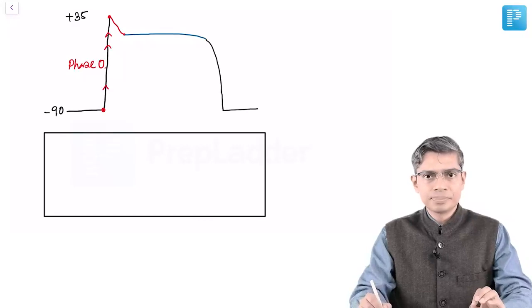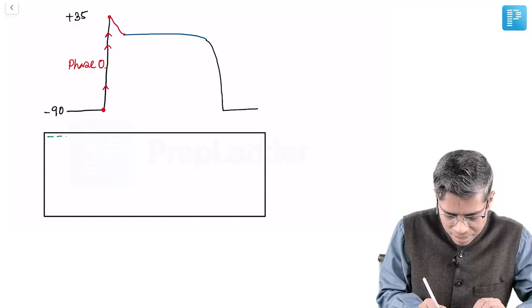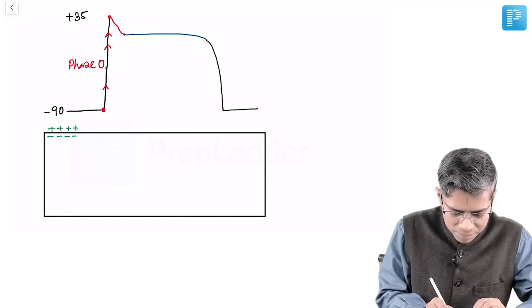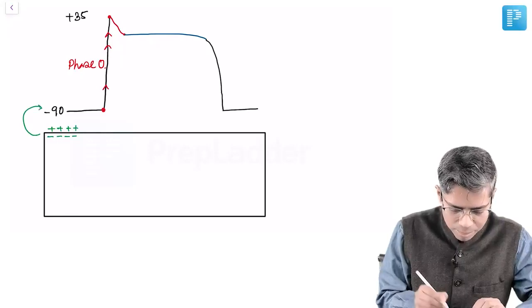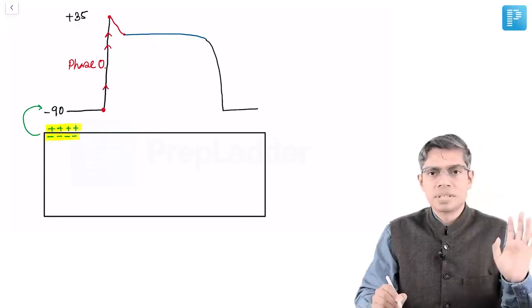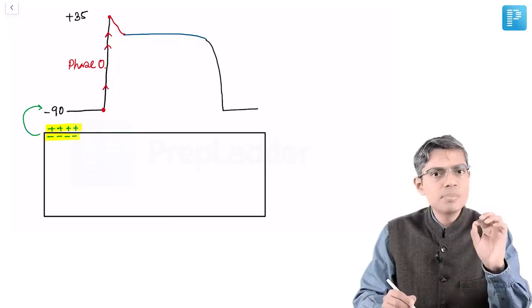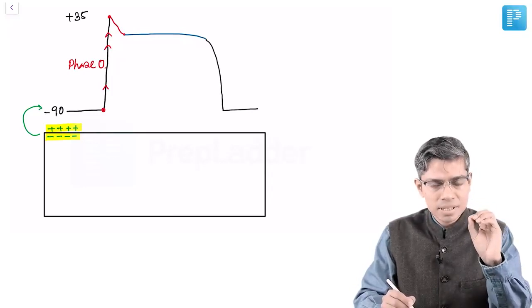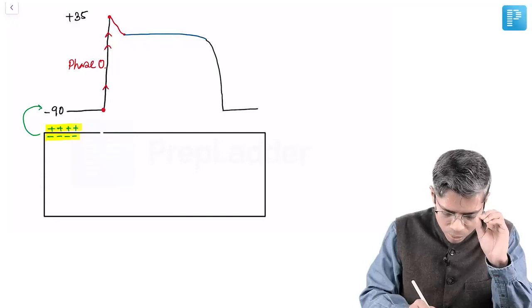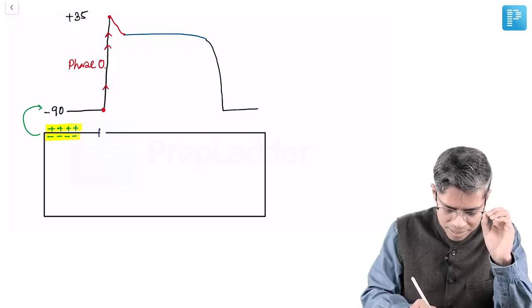So obvious thing is that normally when the resting membrane voltage is minus 90, then interior of the cell is negative and exterior is positive, and if I measure the difference between this, then this is nothing but minus 90. That concept of RMP we know from the previous discussion, right? So whenever this myocardium cell is stimulated, there will be opening of a very fast type of channel here, and all of you know the name of this channel.